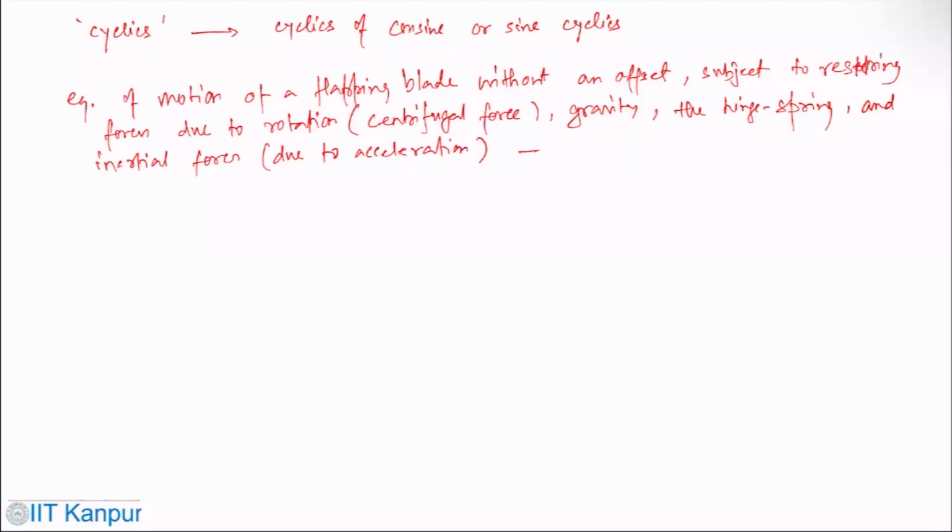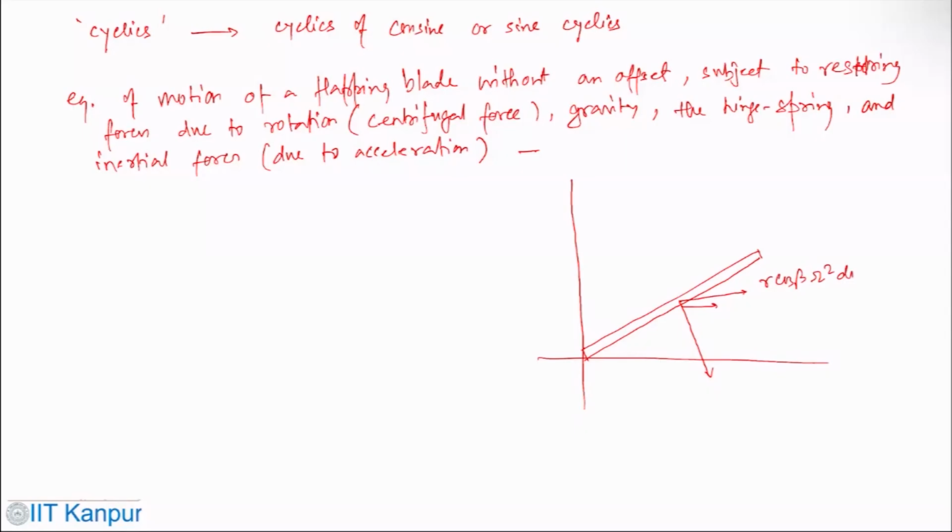Now we'll draw another picture here. So one is R square beta omega square dm, R beta double dot dm.